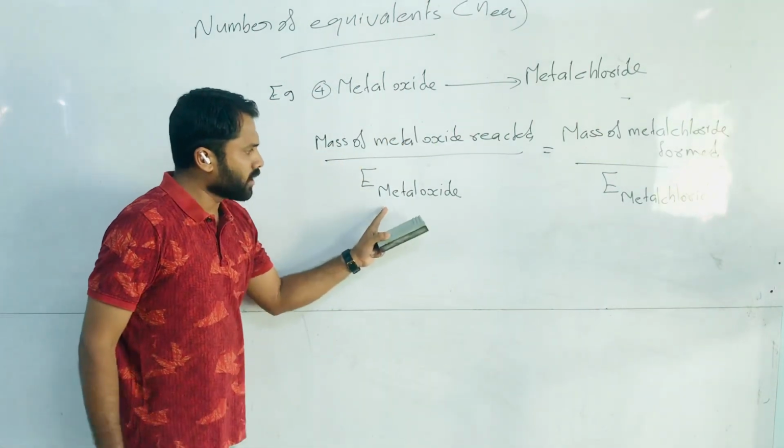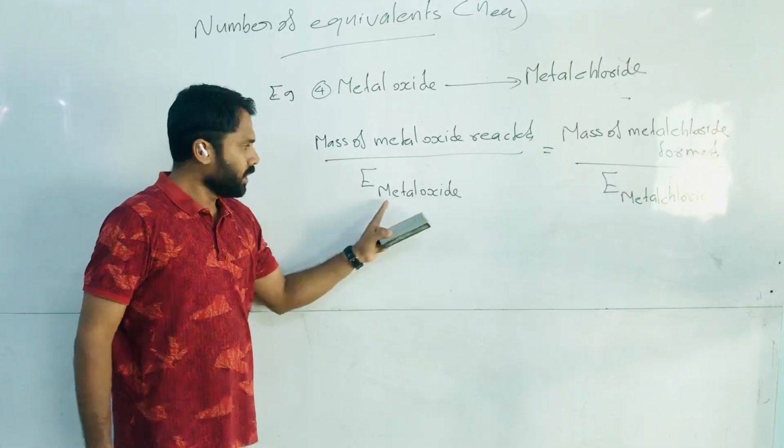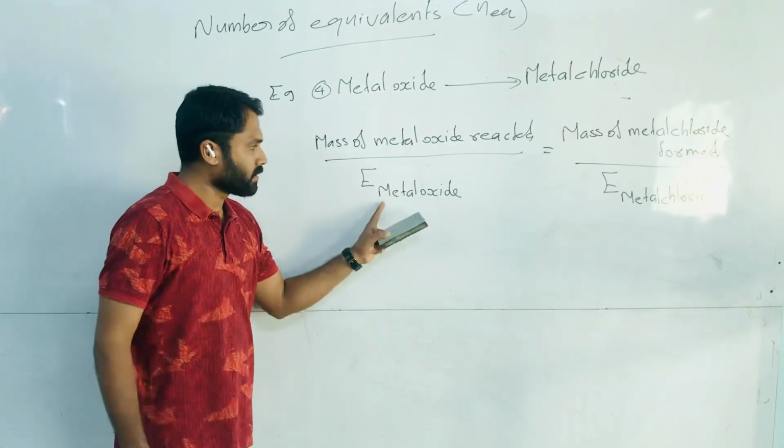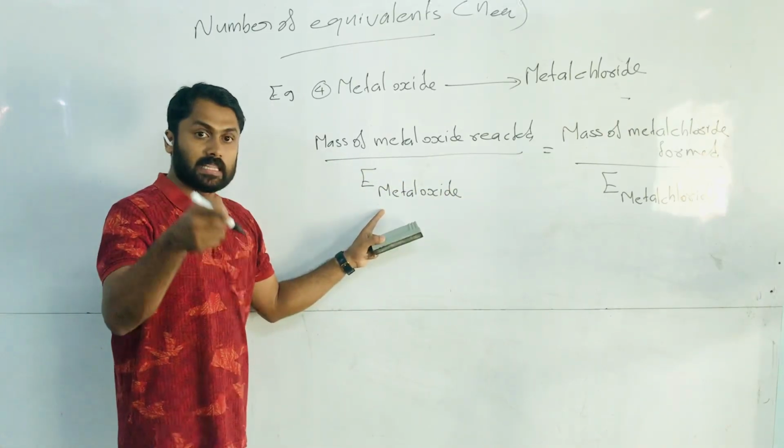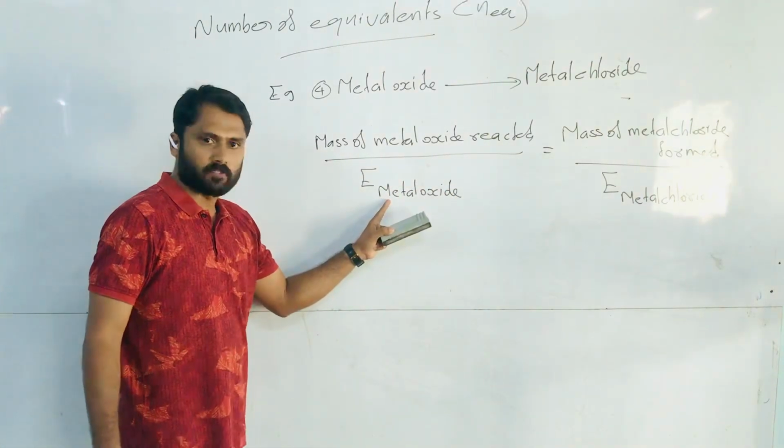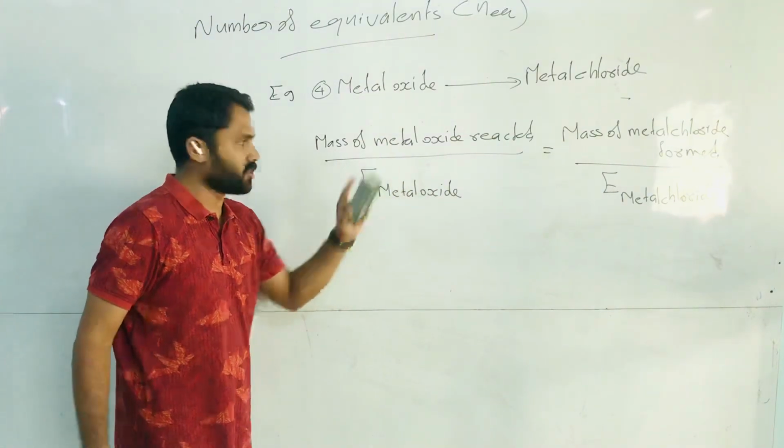What will be the equivalent mass of metal oxide? In a metal oxide there are two species, metal and oxygen. The equivalent mass of metal oxide will be the sum of the equivalent mass of metal and the equivalent mass of oxygen.